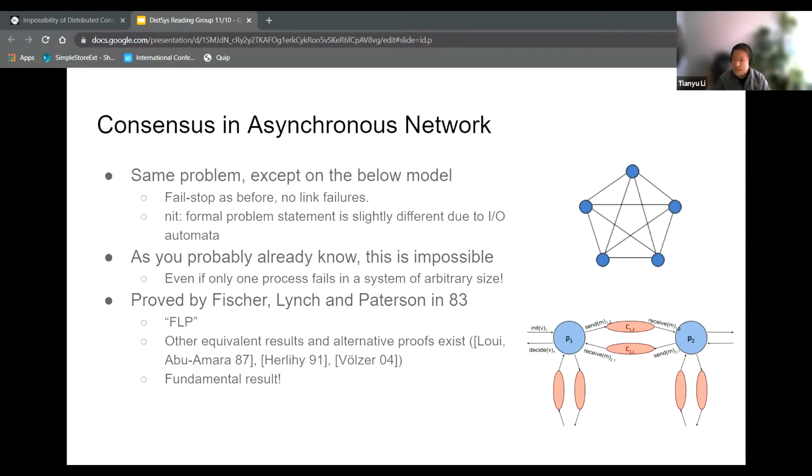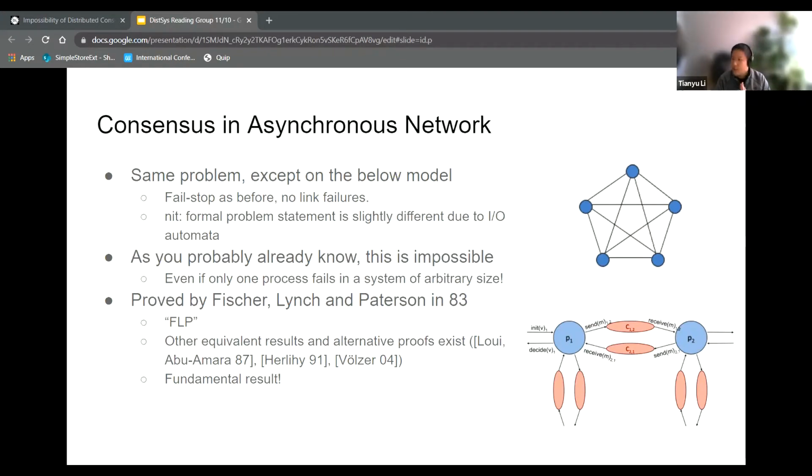The only difference is that we're replacing the network model on the top side, this star shape, with the asynchronous model on the lower part of this slide. So fail-stop as before, no link failures. Obviously, the formal problem statement is going to be slightly different due to IO automata, but they didn't consider that in the paper, and we don't have to talk about that as much.